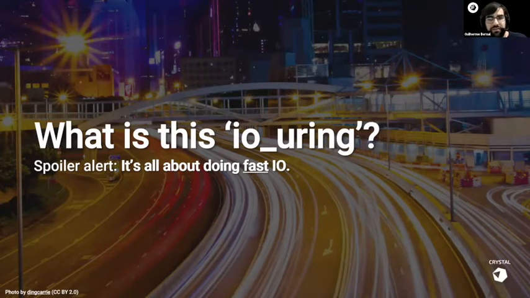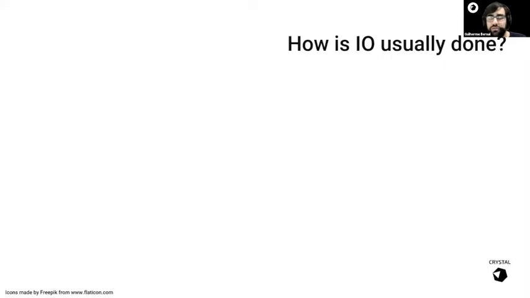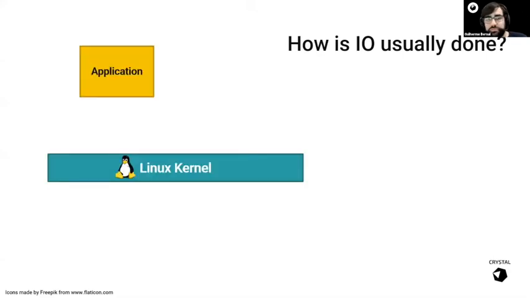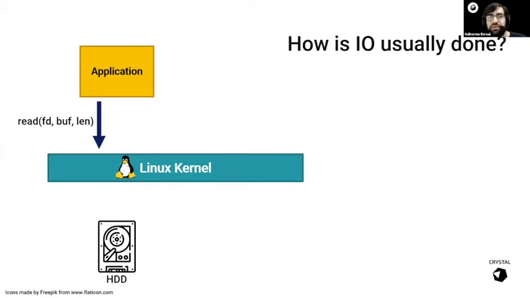But to fully understand it, let's go back a little and see how I/O works. How can we do I/O on our systems? So we have the Linux kernel, we have our application, and let's say we want to read a file from the hard drive. We send a read system call to the kernel.